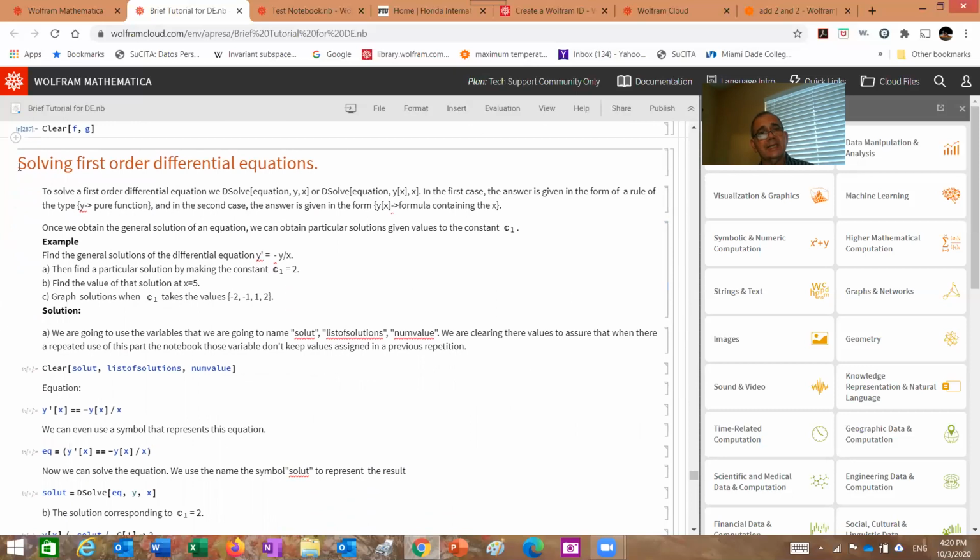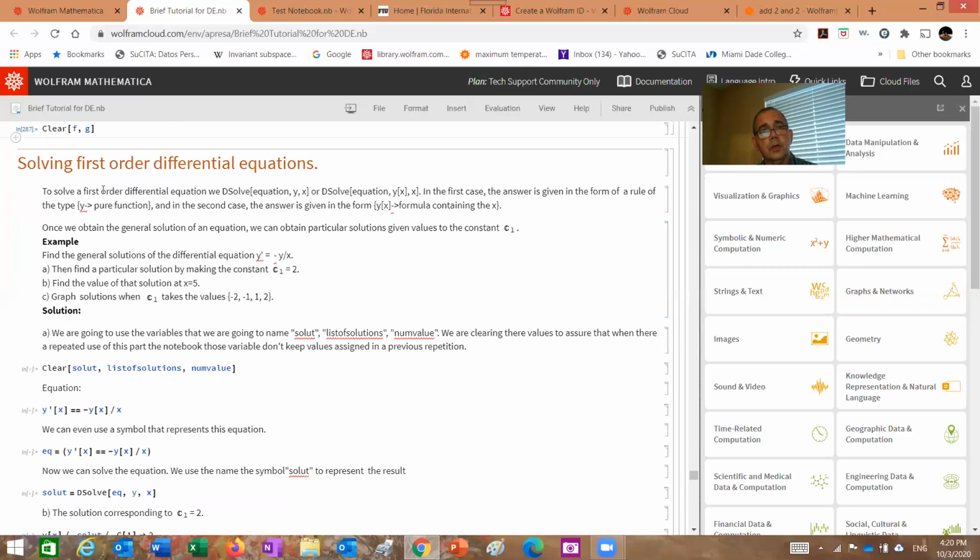Now, we are going to see an example where we solve a first order differential equation. And I want you to pay attention to this because this is what I'm going to ask you to do in your project, to do something similar to what I'm doing here and what I did in the previous example.